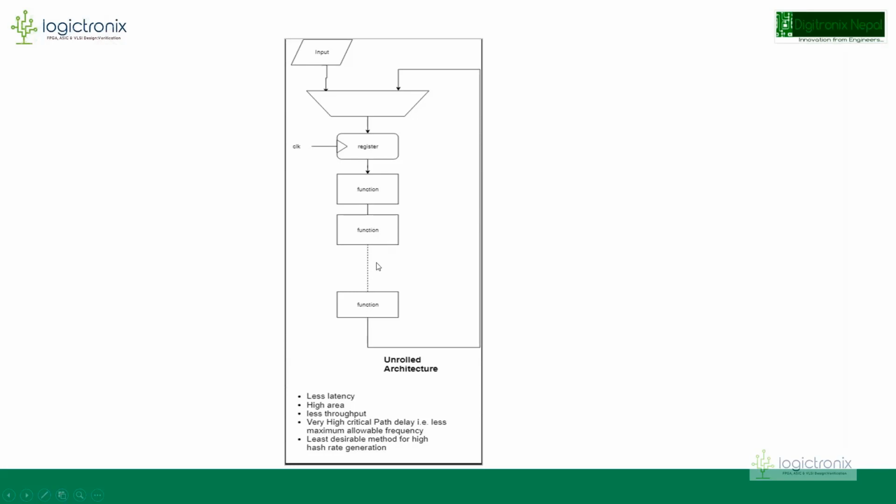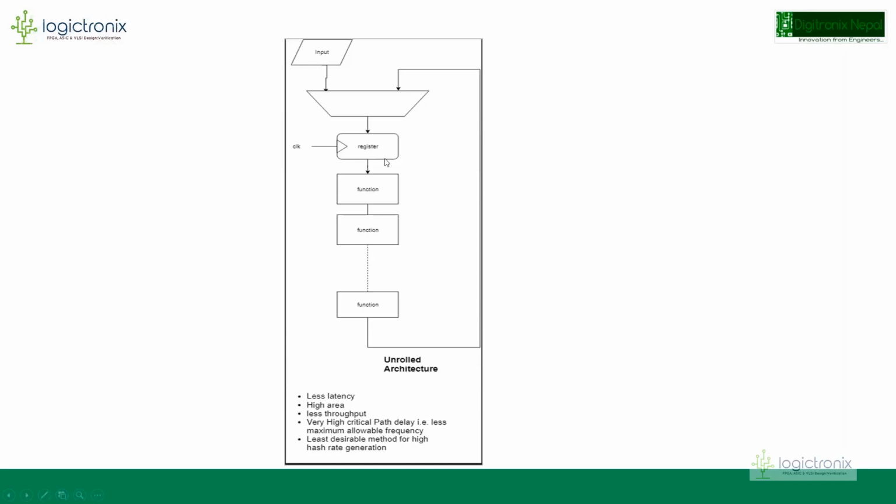So you are likely to get higher throughput in some scenarios if a function has a less critical path. But what happens if you just stack this function over and over again? You will have a very high critical path delay, and you won't be able to clock your FPGA faster. So this is not desirable.